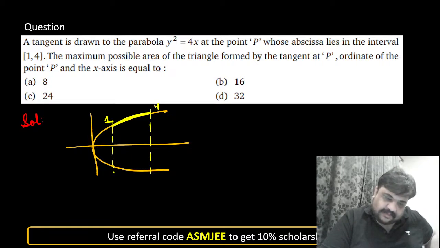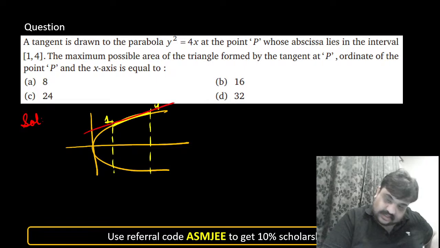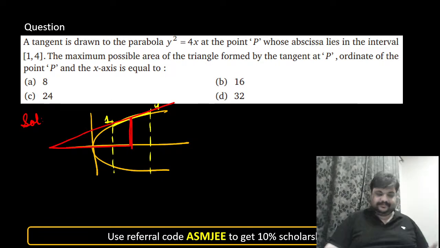Maximum area possible for the triangle formed by the tangent at P, the ordinate of P and the x-axis. This area is what he is talking about.